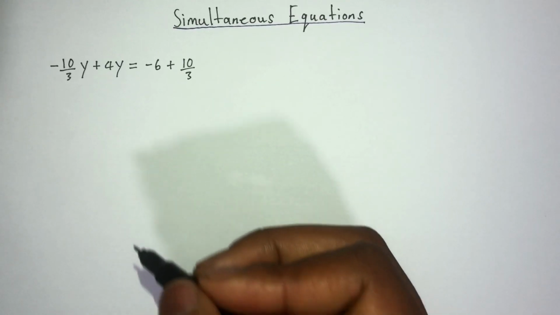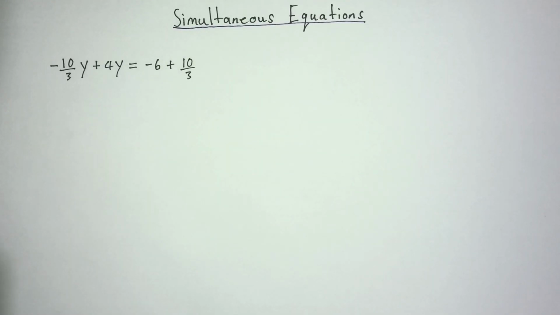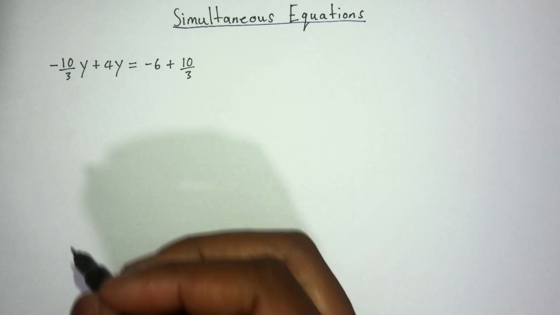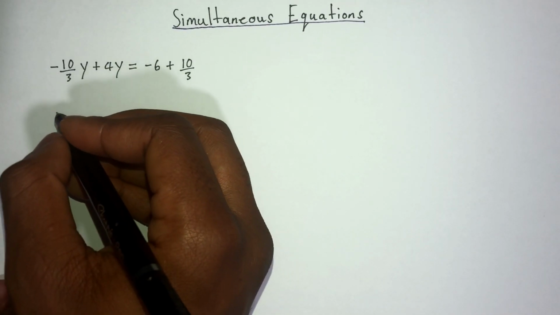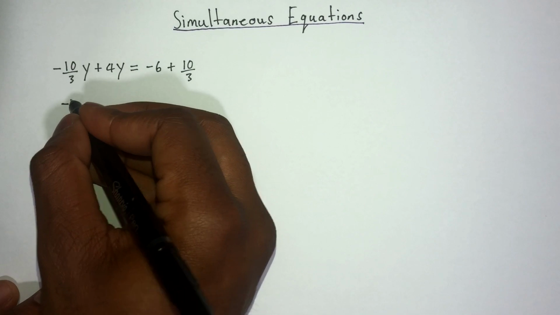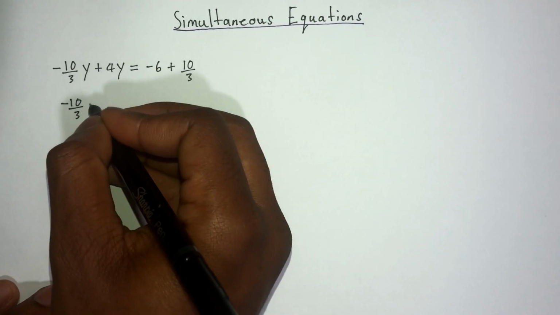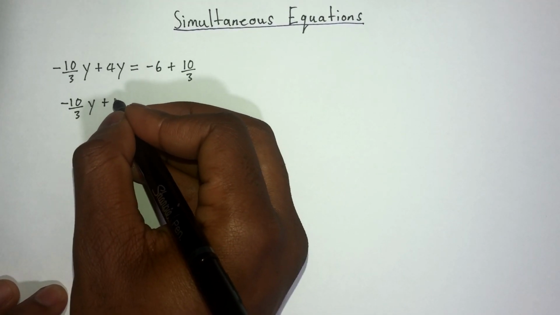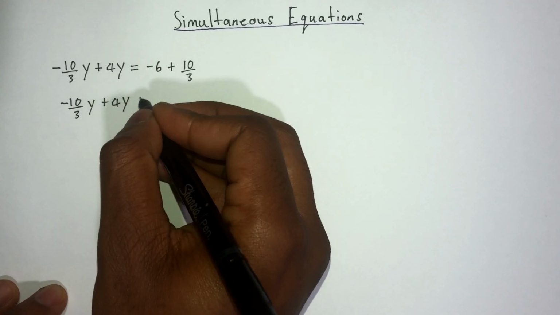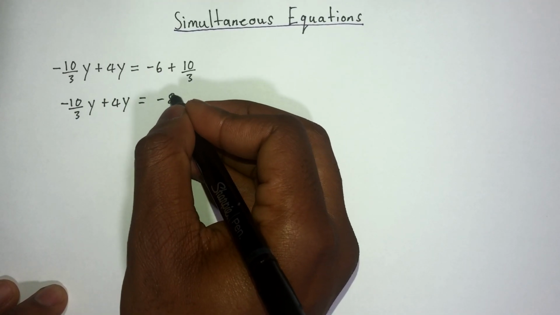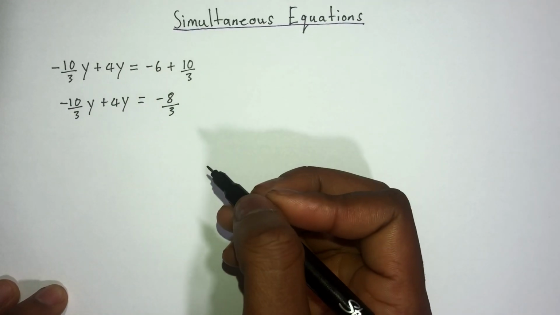And negative 6 plus 10 over 3 is negative 8 over 3. So we now have negative 10 over 3y plus 4y equals negative 8 all over 3.